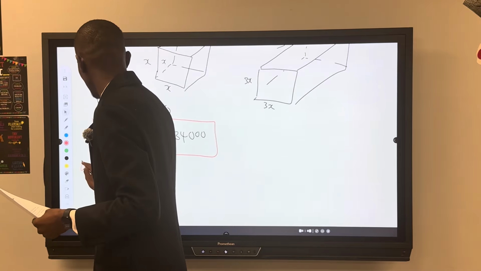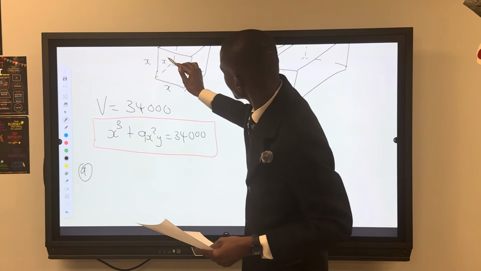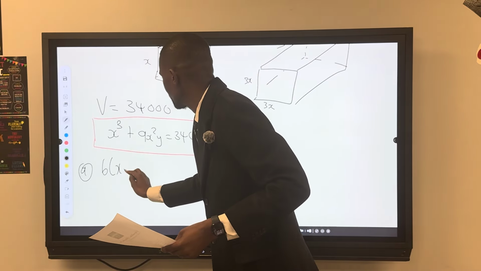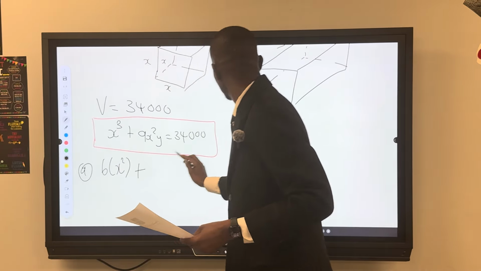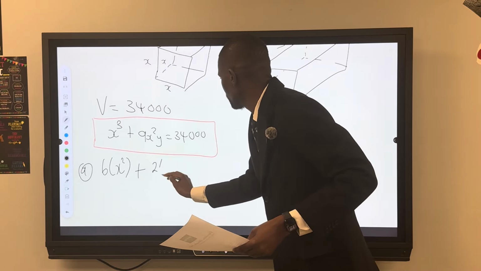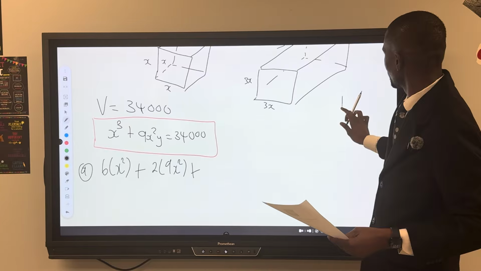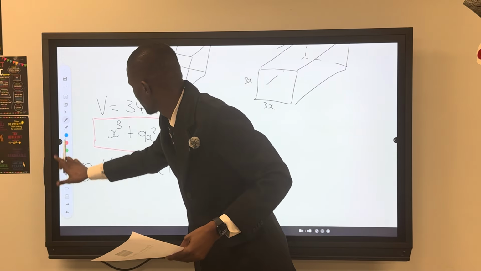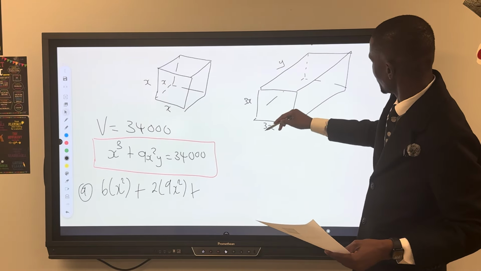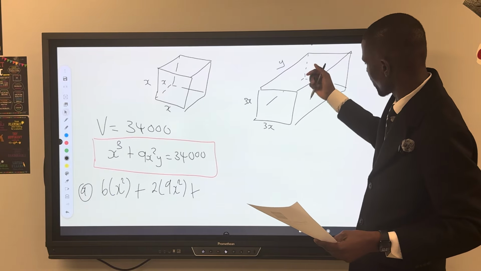For total surface area, as you can see here, we've got 6 faces for the cube, so it's going to be 6 times side by side, plus these are 2 faces, so 2 times 9x squared, plus, if you come back here, you see the 3x times y here, it's 1, 2, then at the bottom again is 3x times y, so there are 4 of them.